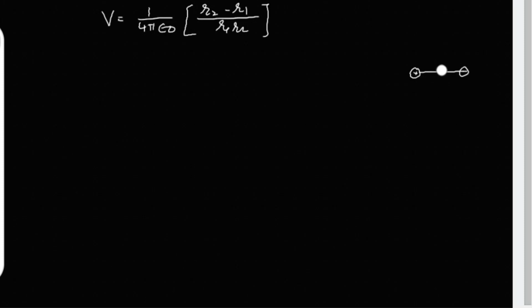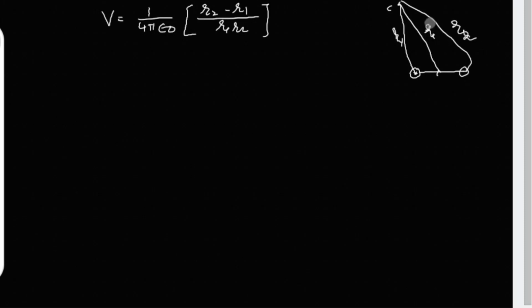This is called an electric dipole, and somewhere here the point C is where we are determining the potential. So this is our R1, this is R, and this is R2.